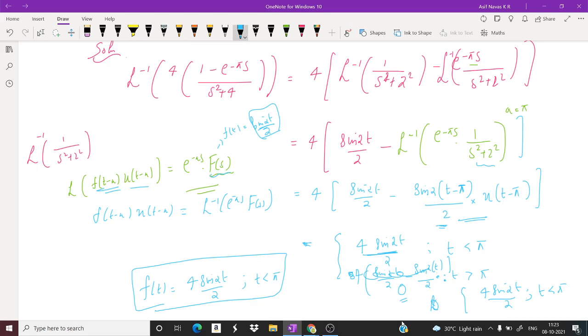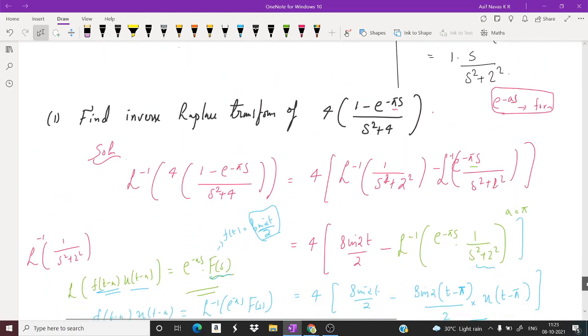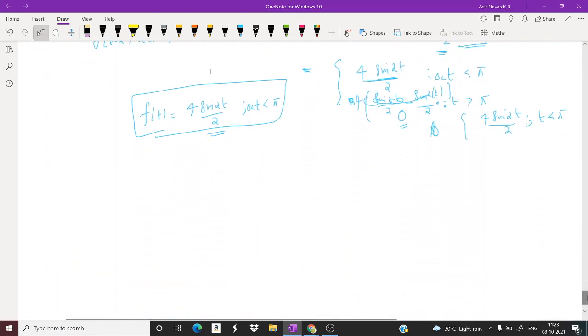So it is a Laplace transform: for 0 less than t less than pi, we have 4 sin 2t by 2. This is the function whose Laplace transform we take.